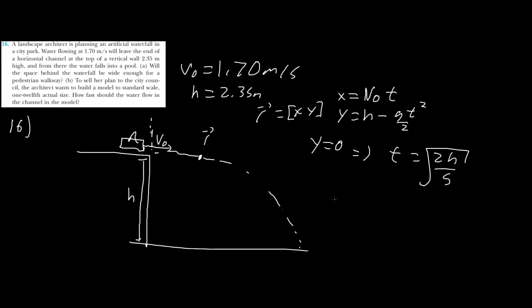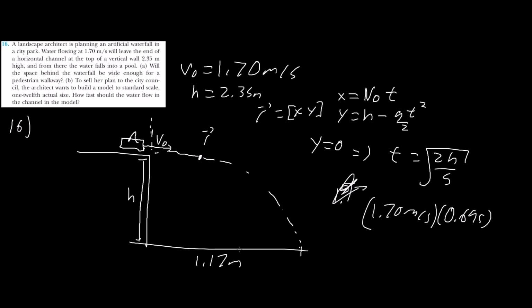So that means that we're going to take 1.70 meters per second times 0.69 seconds. So here the gap is going to be 1.17 meters. So that's going to be x here, 1.17 meters.